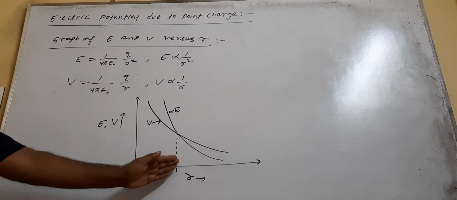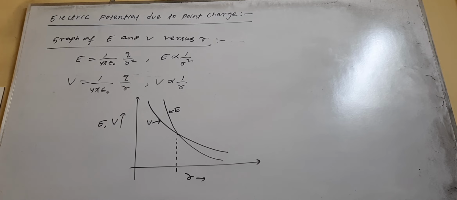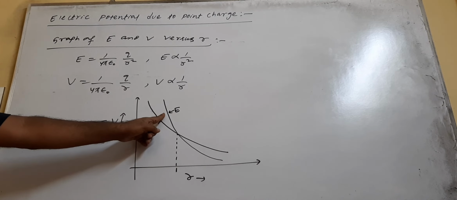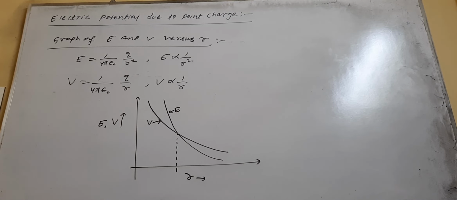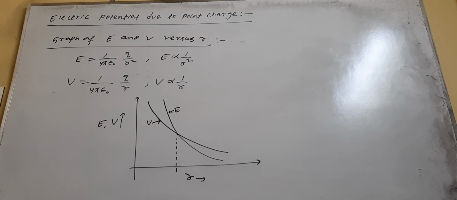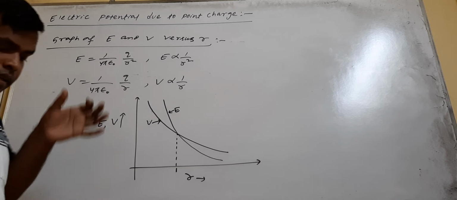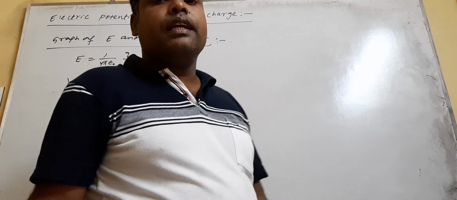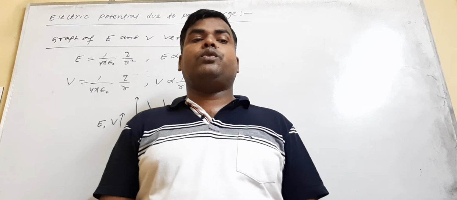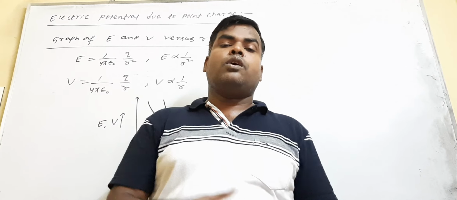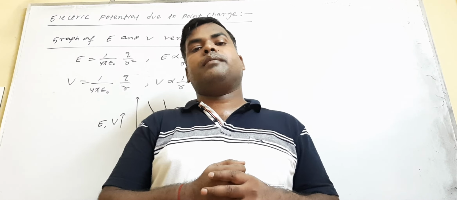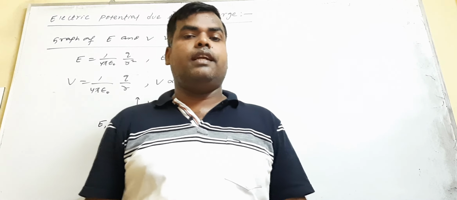When R is less than 1, the electric field is greater in magnitude than that of the electric potential. You remember this graph. Here we have completed electric potential due to a point charge. In the next class, we will study electric potential due to an electric dipole.